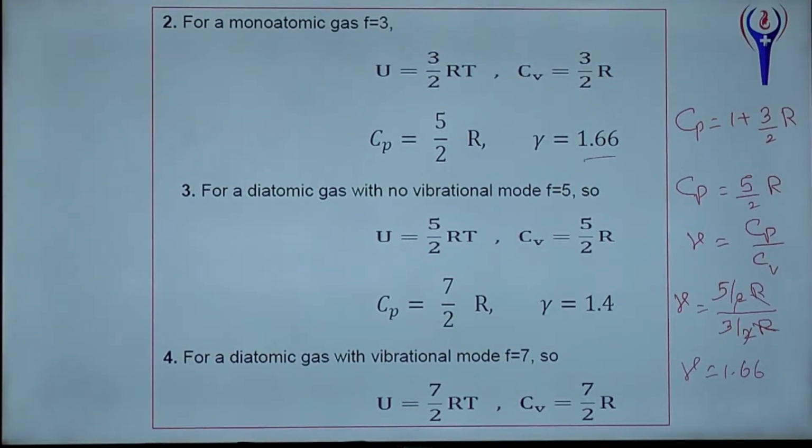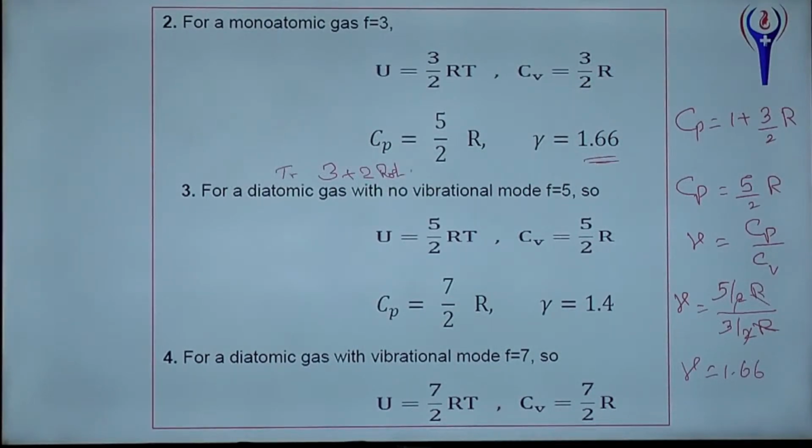Okay. Similarly, for diatomic gas with no vibrational mode, F is 5: 3 is for translation mode plus 2 is for rotational mode.